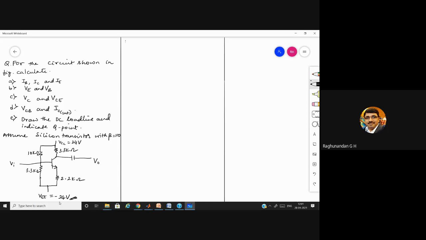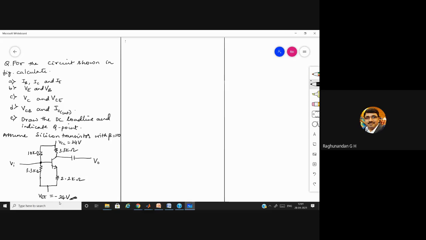But here, the voltage across the base, is dependent upon what? Which resistance? R2, sir. But here, since it is not grounded, we cannot tell directly that the voltage at this particular point is based on this, because we are having minus 24 volt.